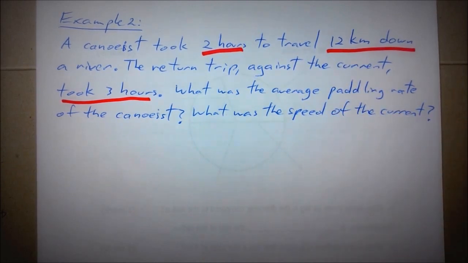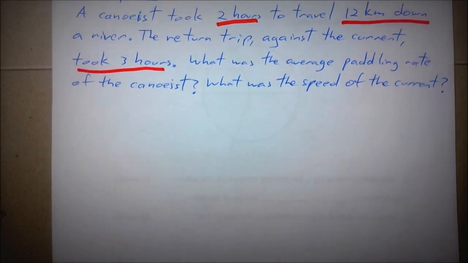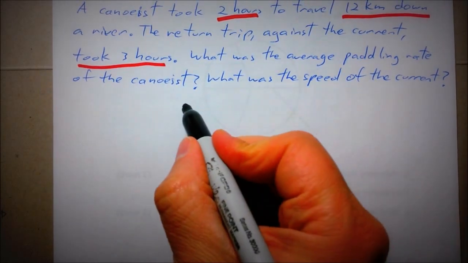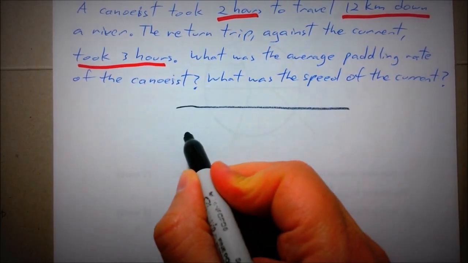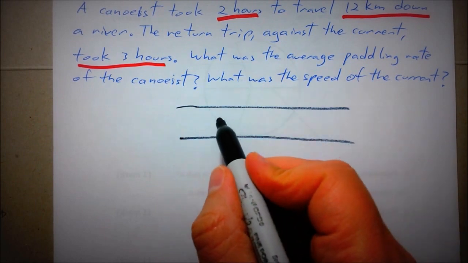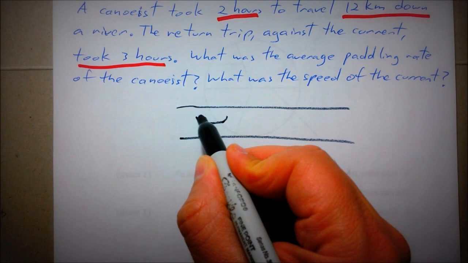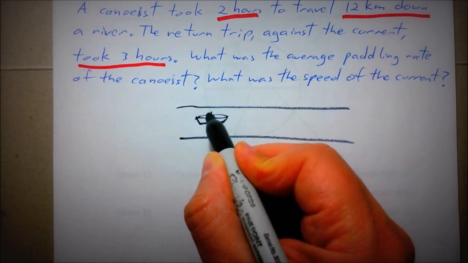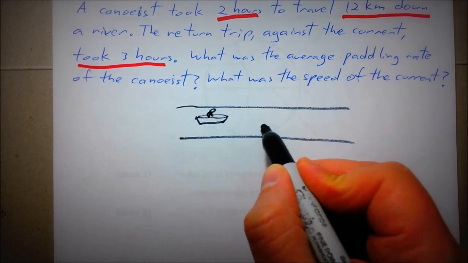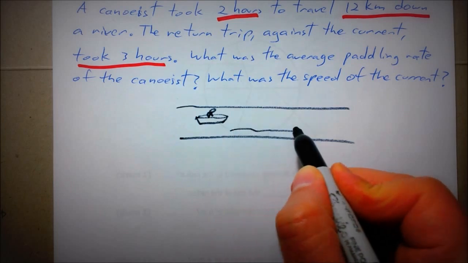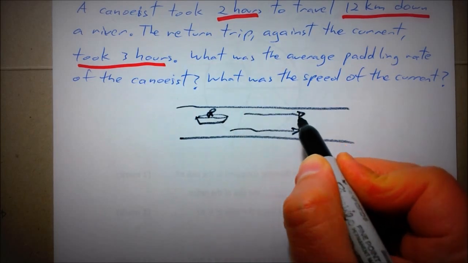Okay, so let's do just a rough sketch here. Let's say this is the river bank. So here you have a canoeist. And you have the current of the river going this way.